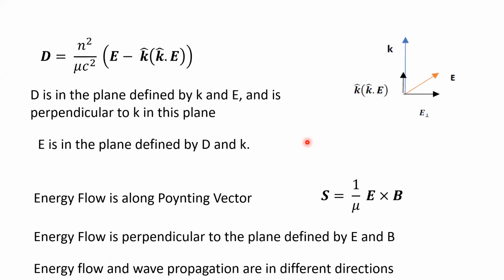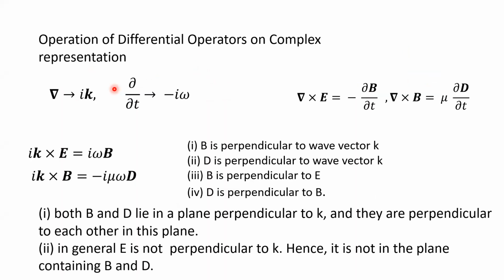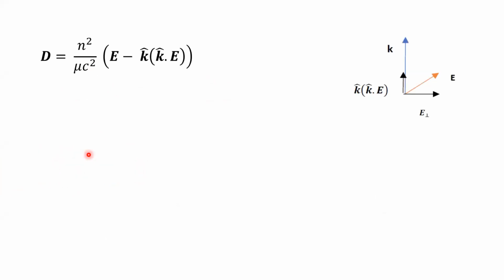Now, remember there were two equations involving B and D. Let me go back to those equations that were on the previous slide. Okay, these two equations. The equation of E has B, so you can take the cross product of this equation. You have K cross B coming here, and then you write K cross B in terms of D. So then you will get an equation involving D and E. And that equation is the one which was showing here.